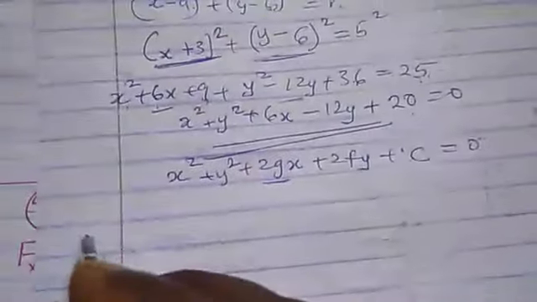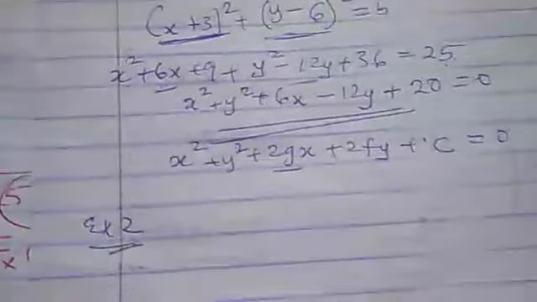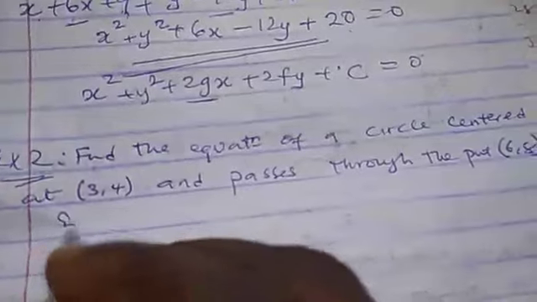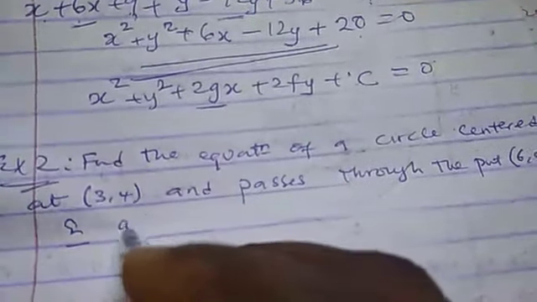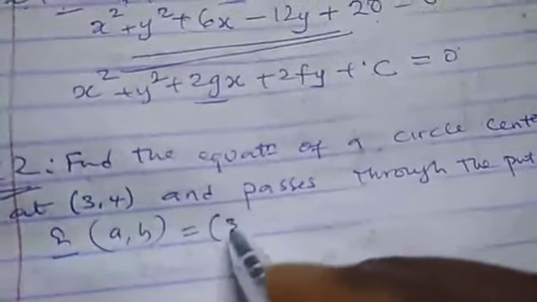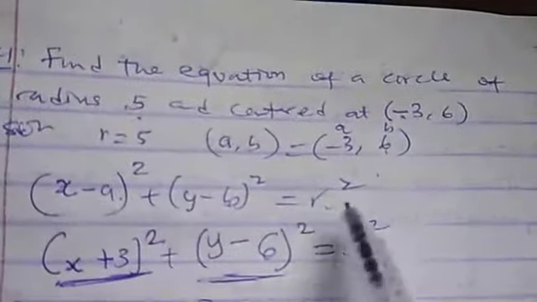So we are coming there. Now let's take another example. Example 2: find the equation of a circle centered at (3,4) and passing through (6,8). We have been given the center (a, b), which is (3,4). We need two things: the center and the radius.